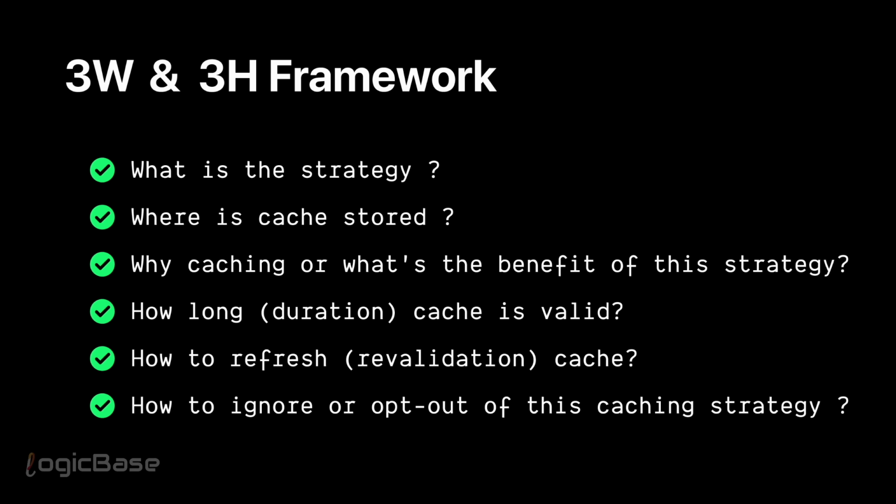If the cache data becomes outdated, how can we refresh or revalidate it to ensure the user sees the most up-to-date content? Number 6, how to ignore, opt out, or invalidate this caching strategy. If in a certain situation or for a specific request, we want to bypass the cache, how do we do that? How can we manually skip or invalidate the cache?